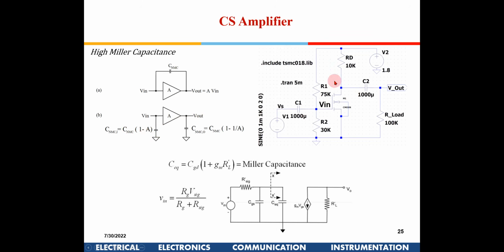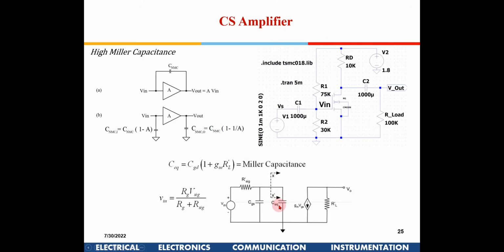In this particular case, for a CS amplifier, from here to here there is gain, and that is negative. So this minus becomes plus, and this gate to drain capacitance gets multiplied by the gain gm into RL dash. RL dash is the net load resistance. If you put that here, you will find that this equivalent capacitance is very, very large.